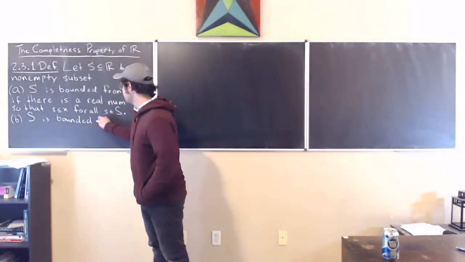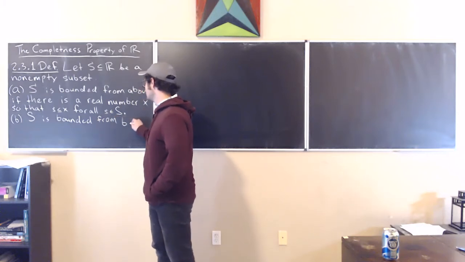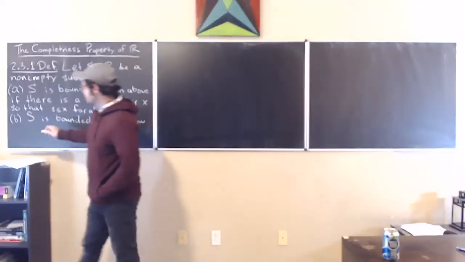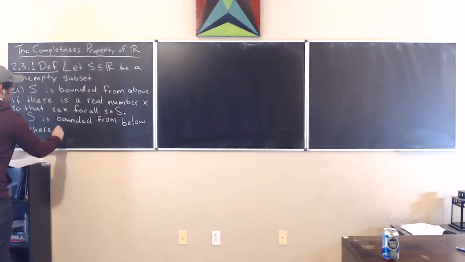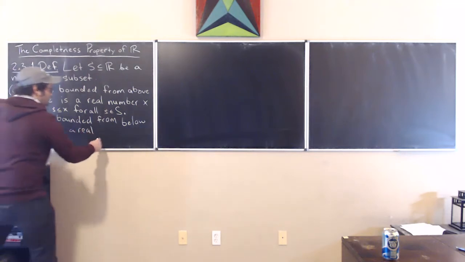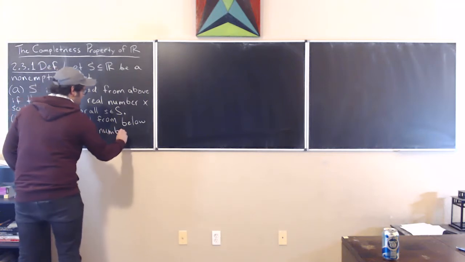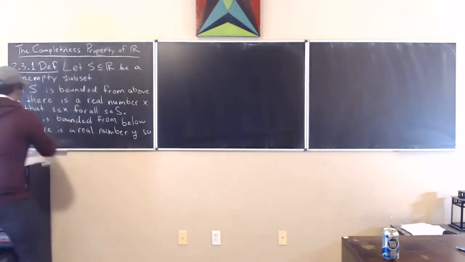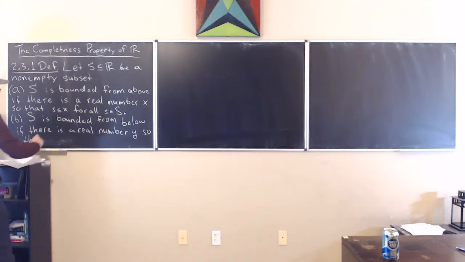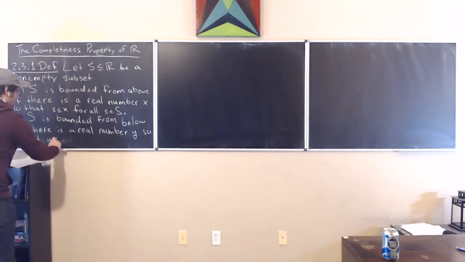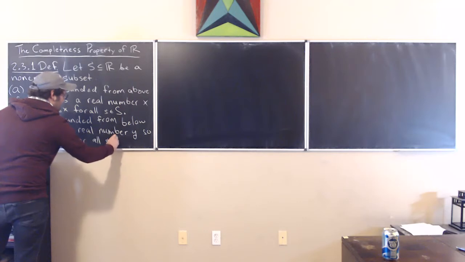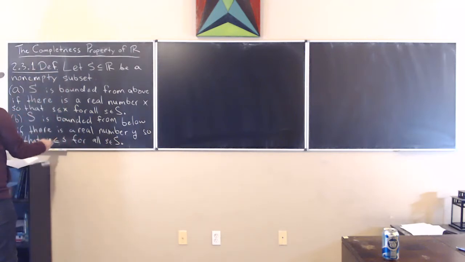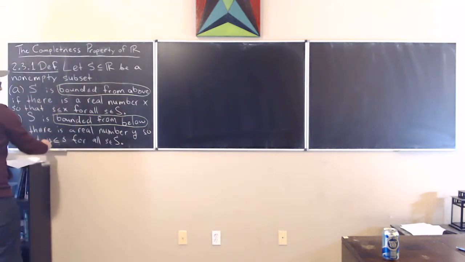So S is bounded from below if there is a real number y, maybe, so that y is less than or equal to little s for all little s in the set capital S. Okay.